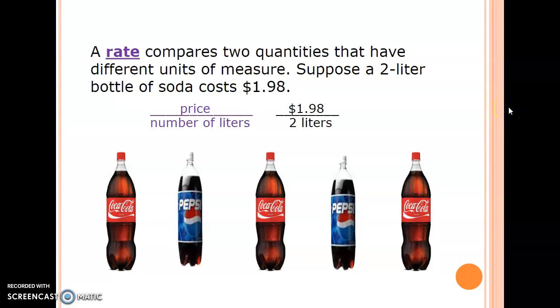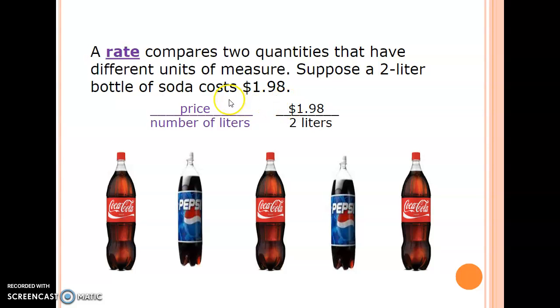A rate compares two quantities that have different units of measure. Suppose you have a 2-liter bottle of soda that costs $1.98. The two units of measure are the price, which is the $1.98, and the number of liters, which is 2 liters. A unit of measure is anything that we can compare.